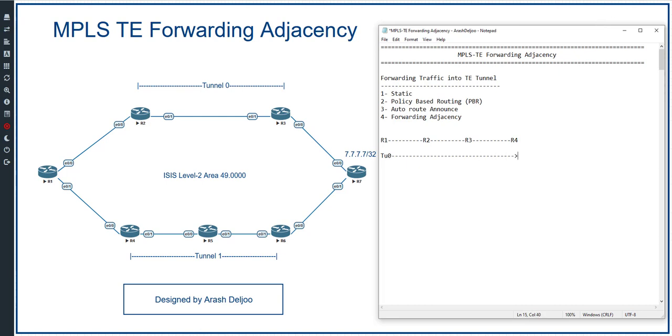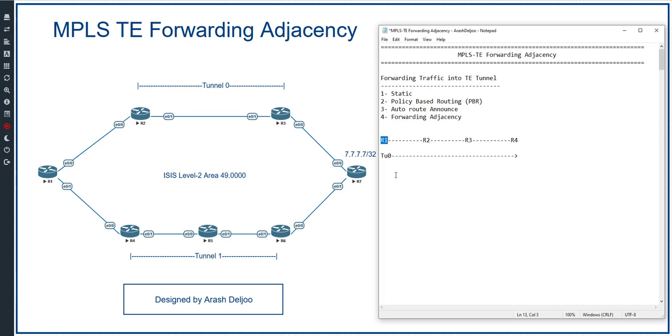You know that by default this tunnel doesn't appear in the routing table. You need to configure static routing, PBR or auto route announce to use this tunnel 0 in the routing table. But in all of these methods you only have a one-way tunnel, and this means that only R1 can use tunnel 0.